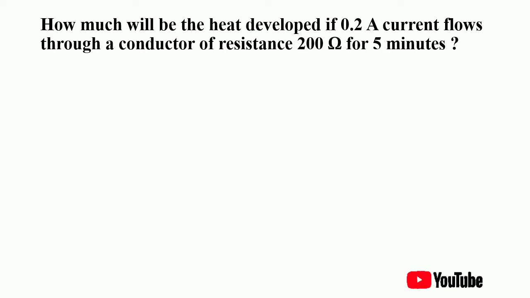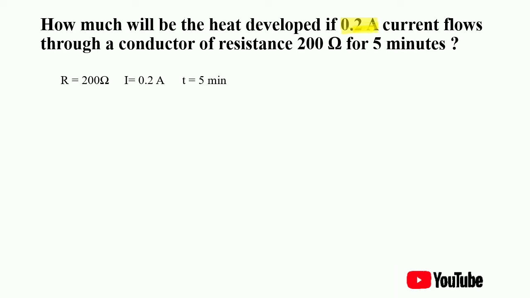That is the question. So, the values which are given here are the current I equal to 0.2 ampere, isn't it? The SI unit of current is, as we know, ampere. The value which is given here is also in its SI unit, that is ampere.